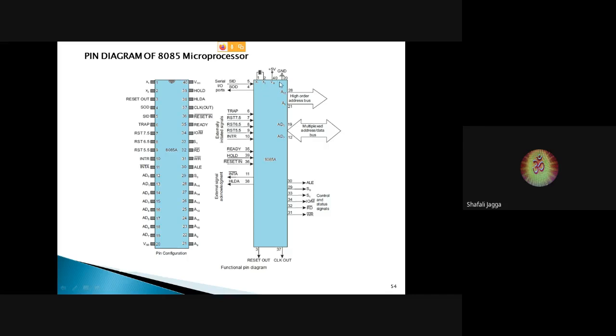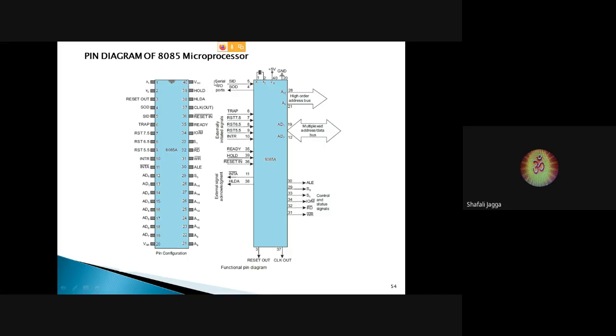After this frequency signal, which is generated across the crystal oscillator, there are 2 power signals: VCC and VSS. This X1, X2 is shown here, where the crystal oscillator is connected.